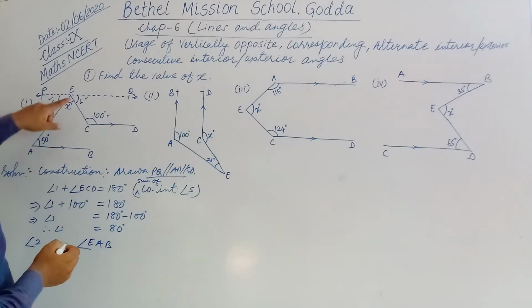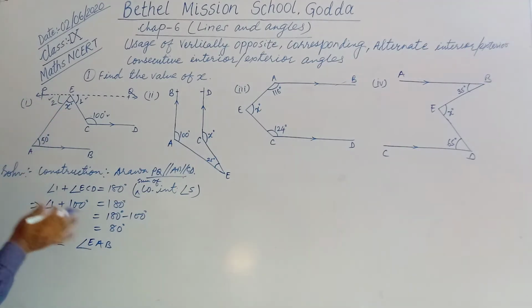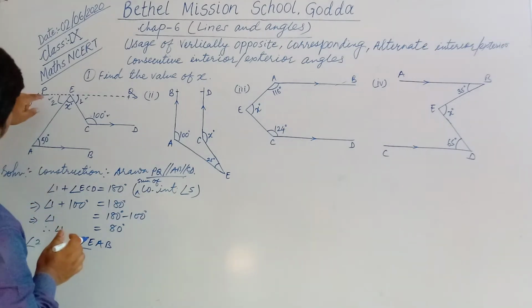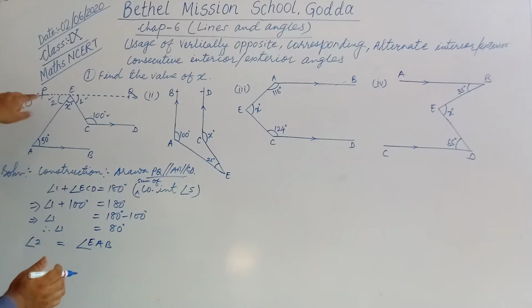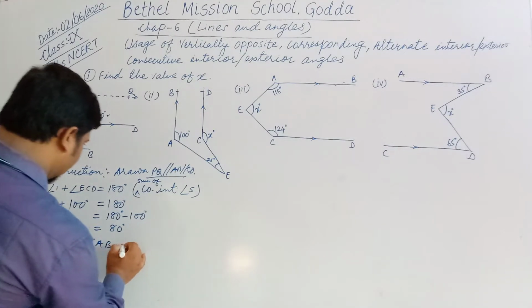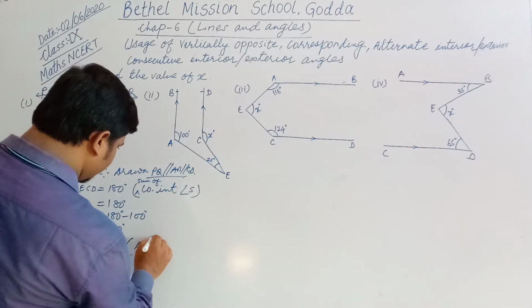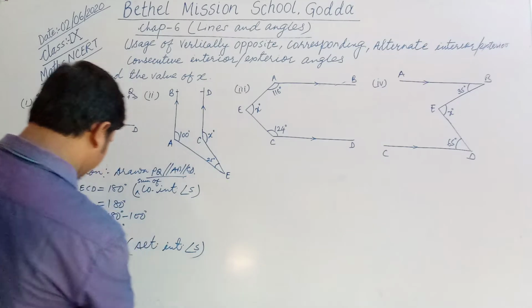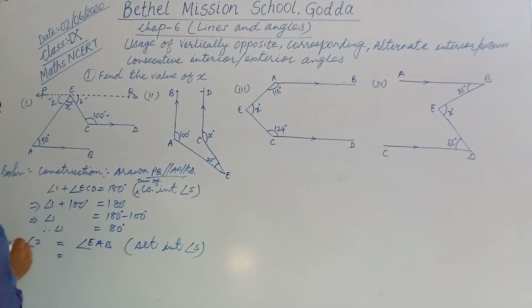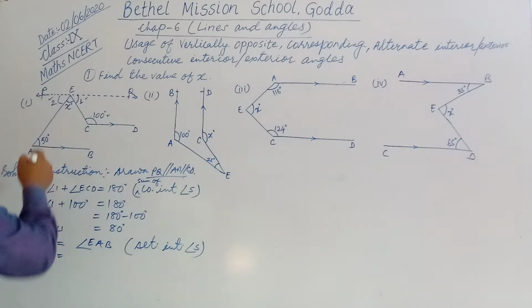Angle 2 and angle EAB are opposite to each other and interior to the parallel lines. That's why this type of angles are called alternate interior angles. So the reason is alternate interior angles, and therefore angle 2 is 50 degrees.